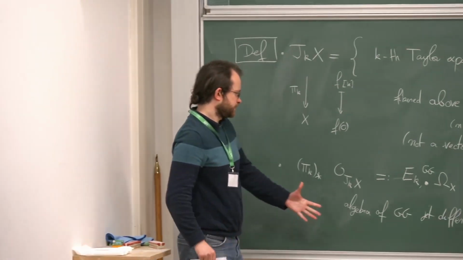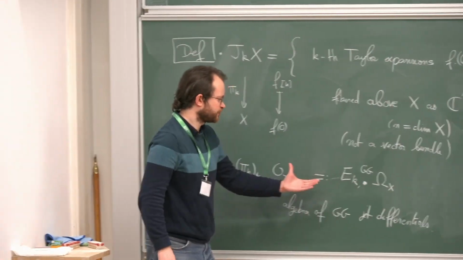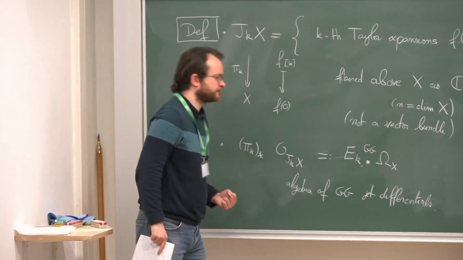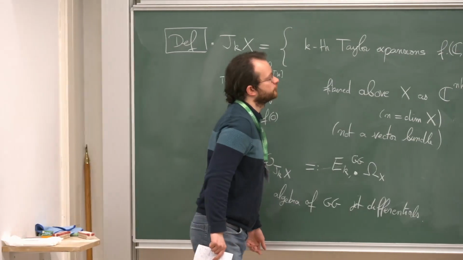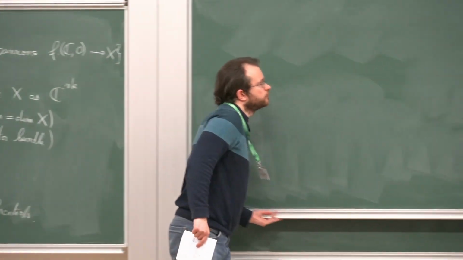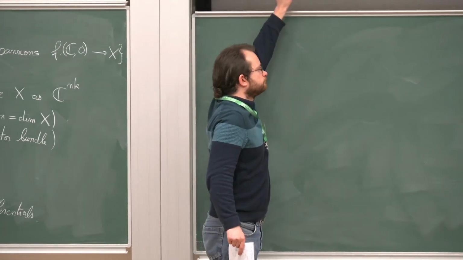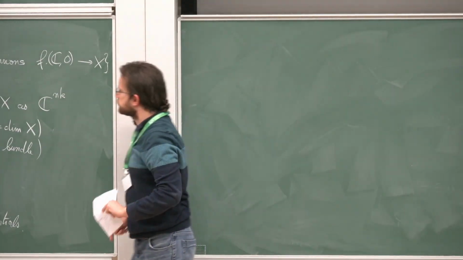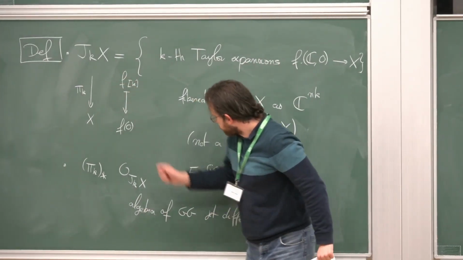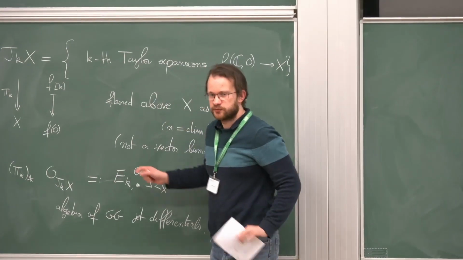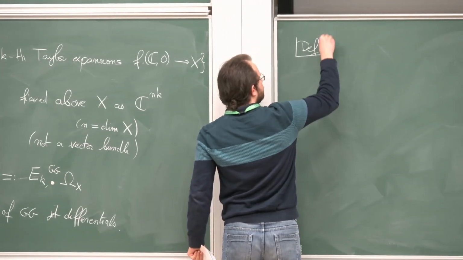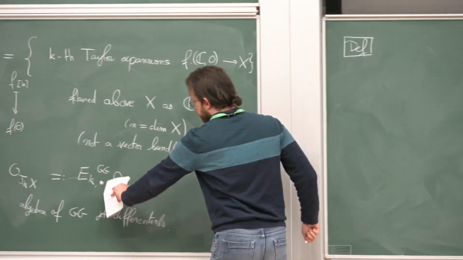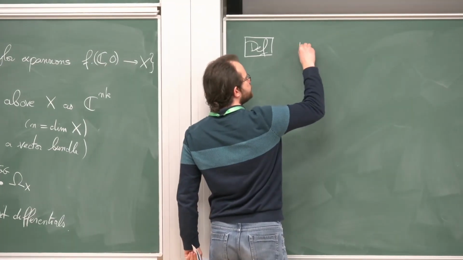Erwan explained yesterday how we can express the sections of this algebra in terms of coordinates. I won't do that right away; that will appear later in the talk. But of course, if you pick coordinates on X, you have a way of writing the sections of this algebra. For the time being, let me just give a few more details about that.